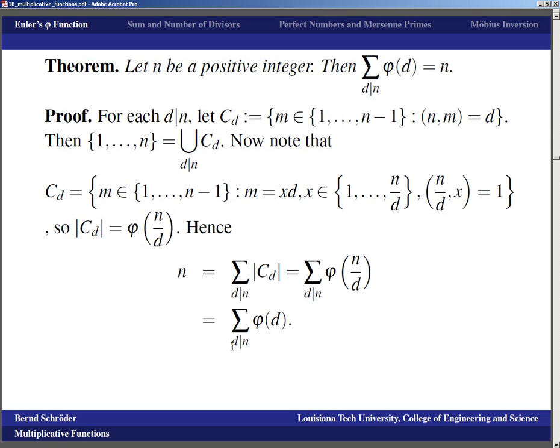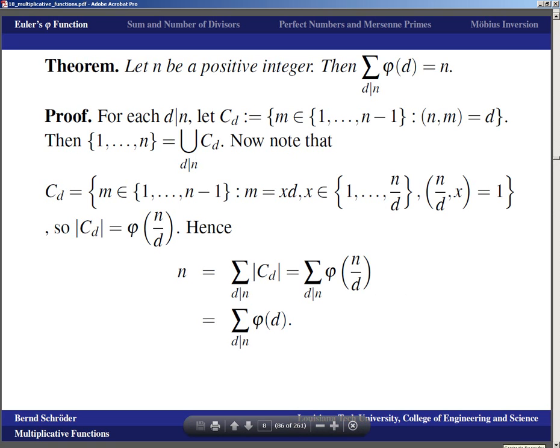And that's the same as the sum over all d dividing n of phi of d itself, because whether we sum over the n over d's or over the d's, when d is a divisor of n, then n over d is a divisor also. And I think we simply have to go up to n here.